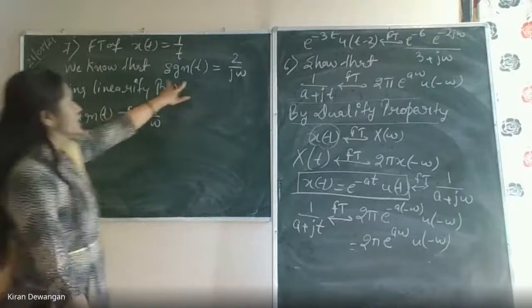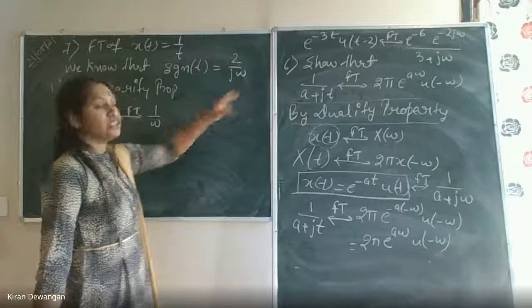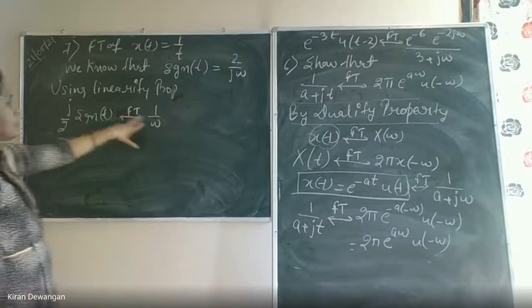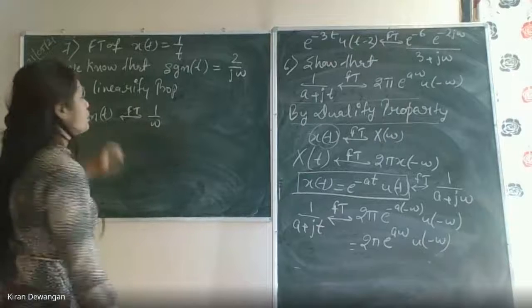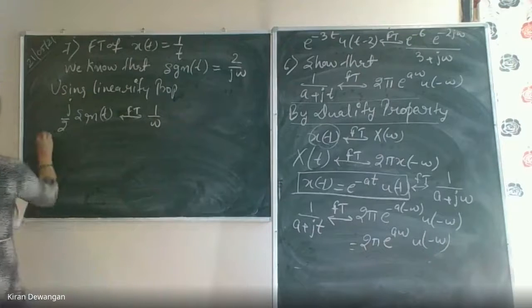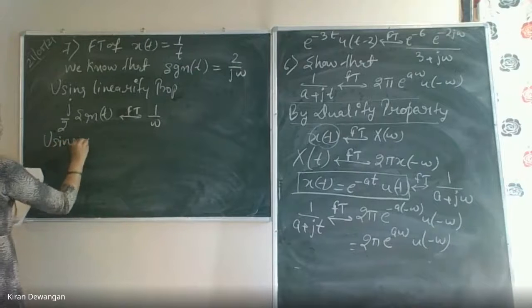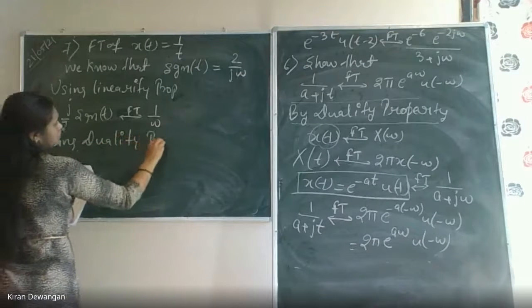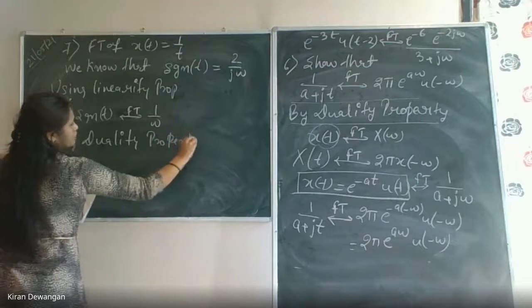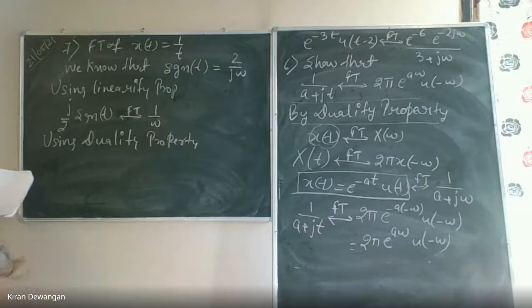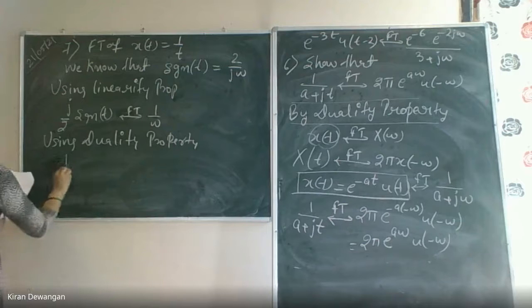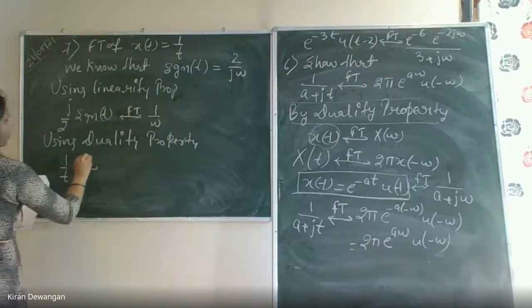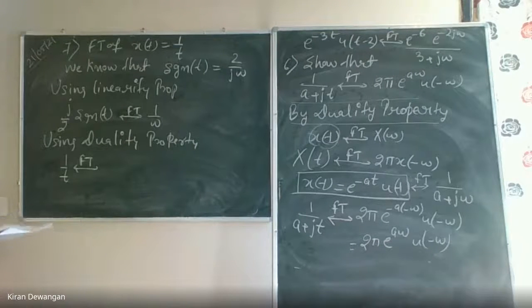Signum t has the Fourier transform 2 by j omega, and using the linearity property, if I multiply by j by 2, I will have the Fourier transform 1 by omega. Now using duality, 1 by omega can be 1 by t. It will have a Fourier transform.